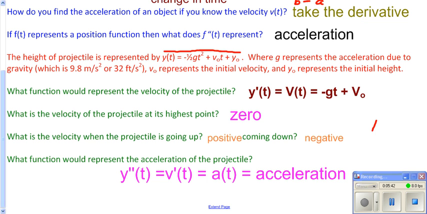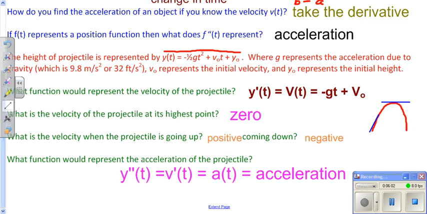Now, when you go ahead and take a look at a projectile like this, what's your slope at the highest point? Well, your slope at the highest point would just be a horizontal line, so it would be 0. Here, your projectile is going up. So what's velocity when you're going up?